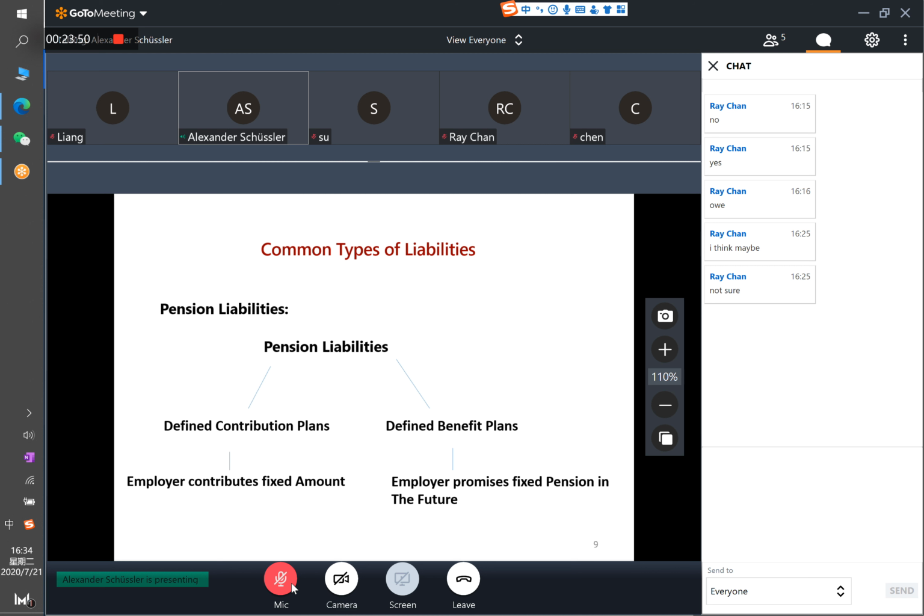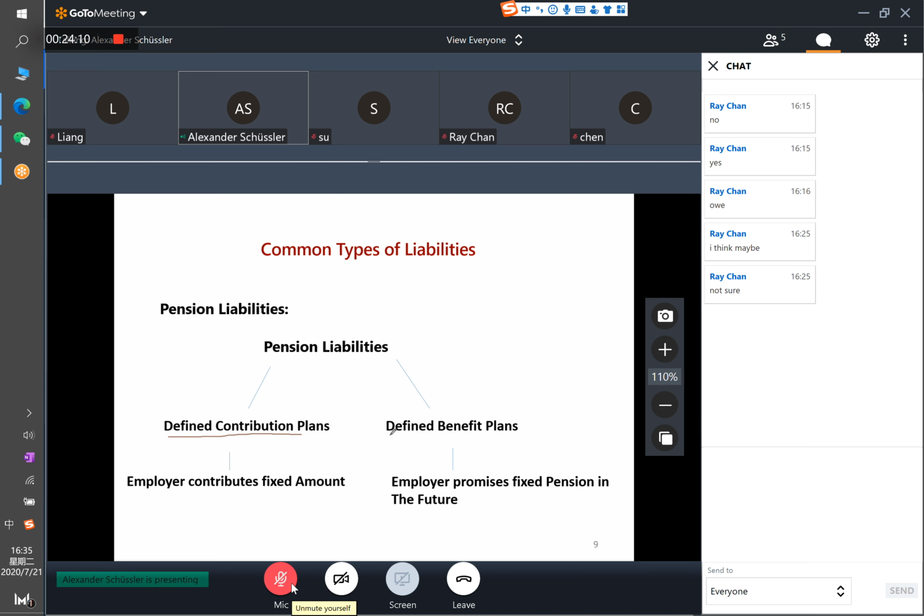So when the firm pays, then it has no obligation anymore. So then the responsibility is at the employee. So this is a defined contribution plan.